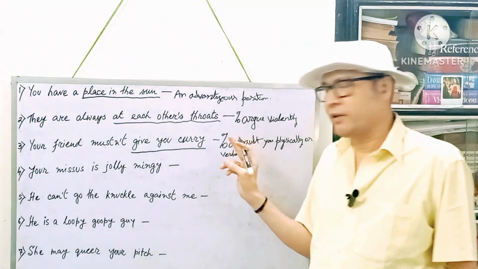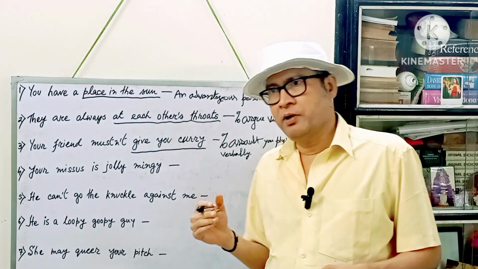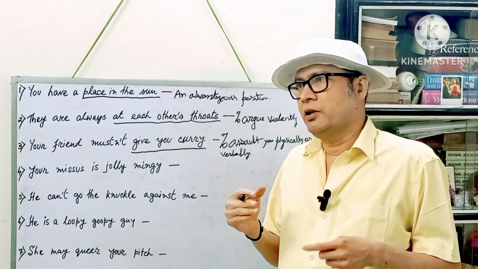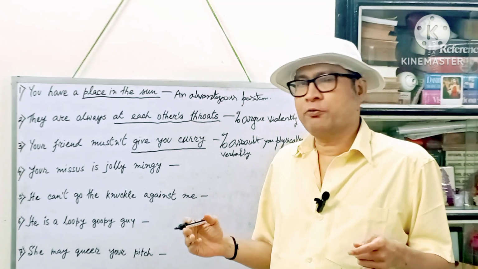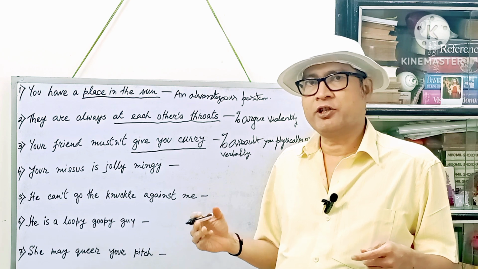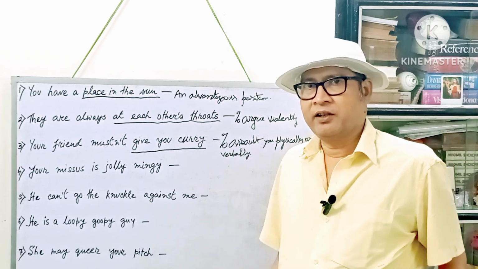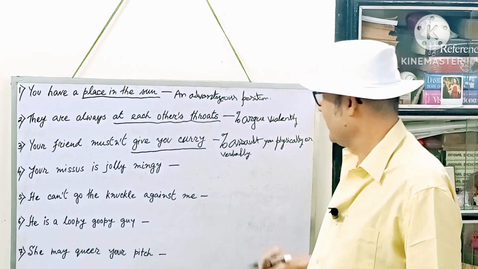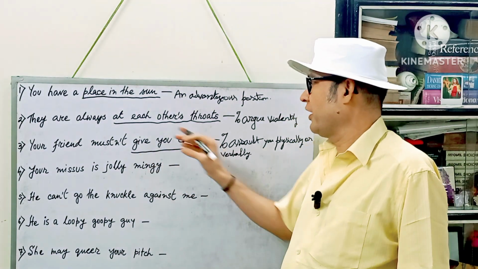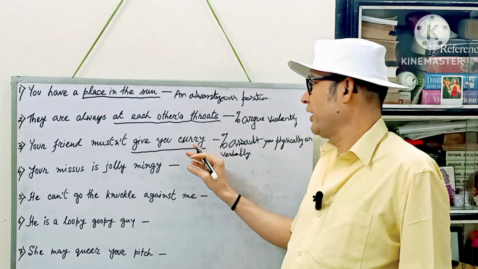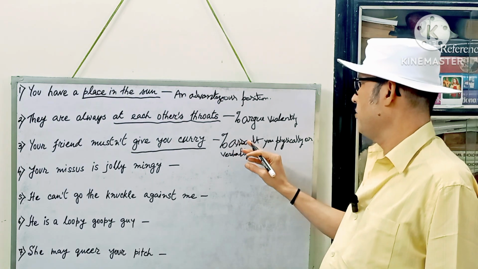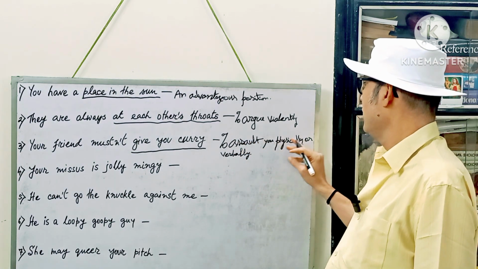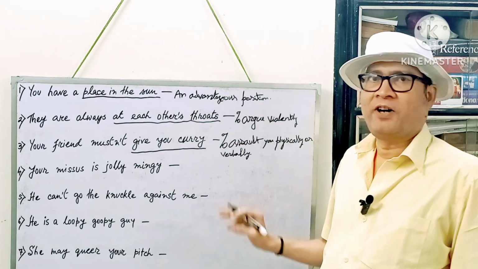Assault means to attack. Say, he is not your friend if you see that he is always trying to give you curry. Rather, he is your foe. Foe means enemy. So, your friend mustn't give you curry simply means your friend mustn't assault you physically or verbally.